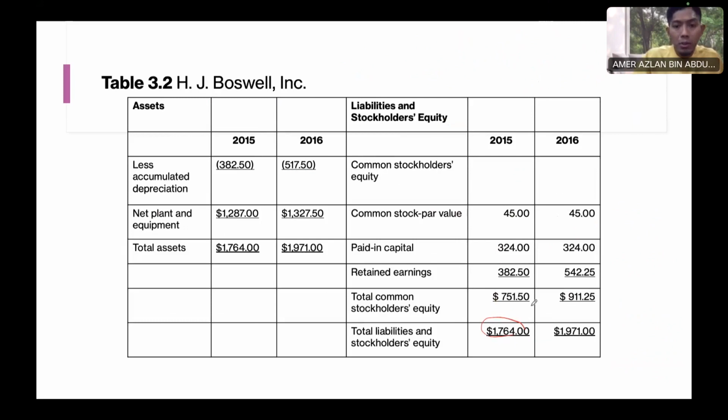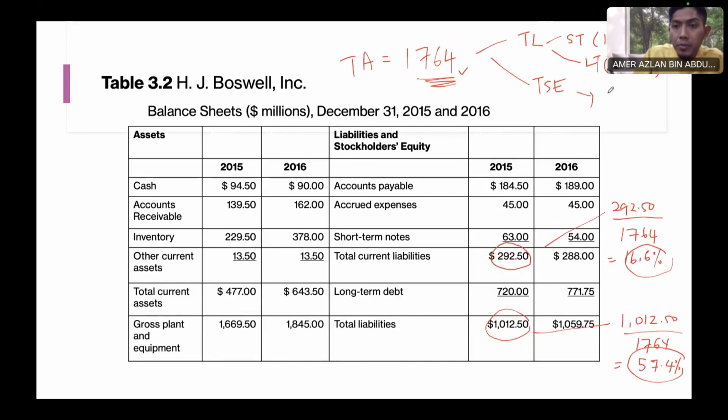While stockholders' equity divided by 1764, 43%. Well, 43% of the money invested by the stockholders was used to finance these total assets of the company.